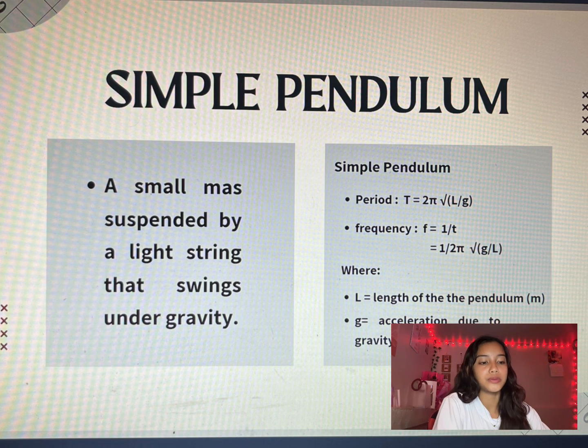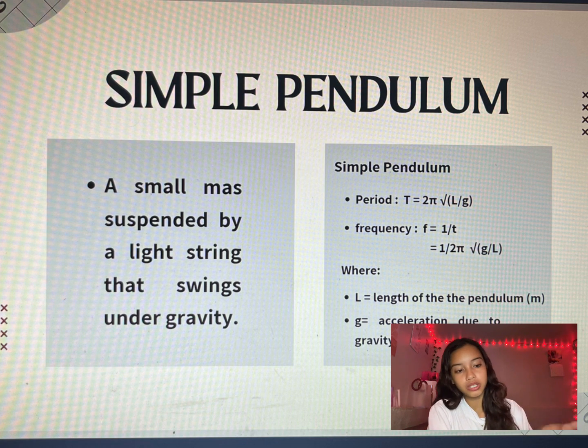So as you can see on the right side of the slide, there's the period.